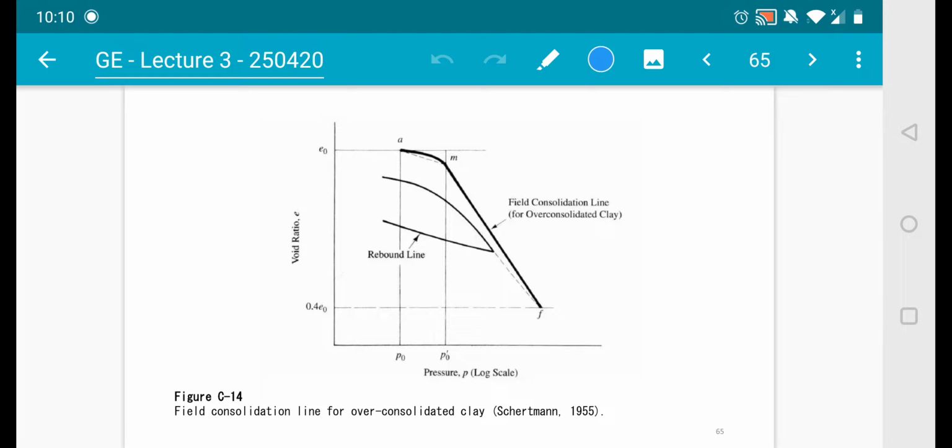Let's look at this figure C14, and the field consolidation line, if you follow the procedure step by step, is this one. So this is obtained from laboratory works, loading and unloading, and this is what you're going to define to represent the field consolidation line for over consolidated clay.